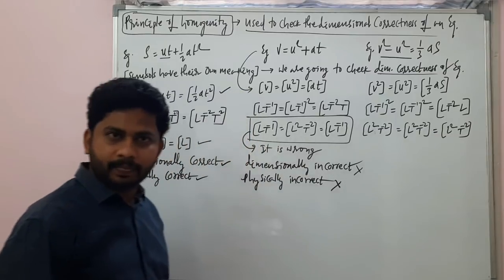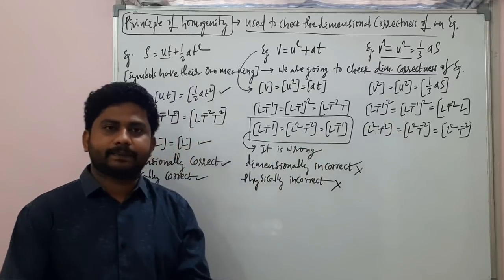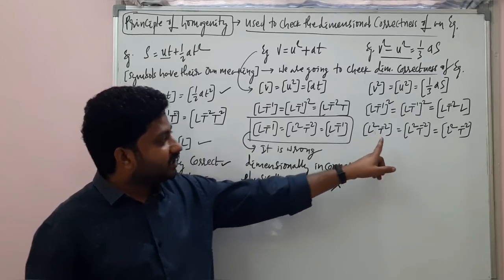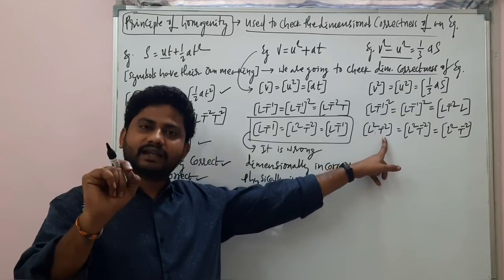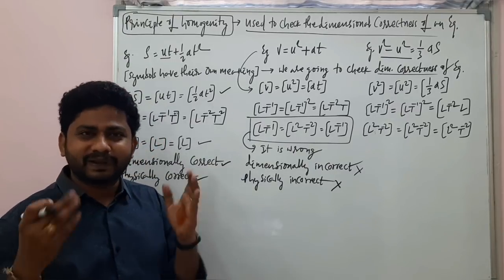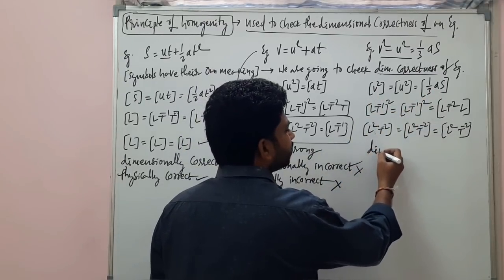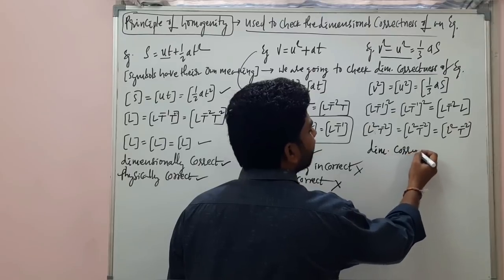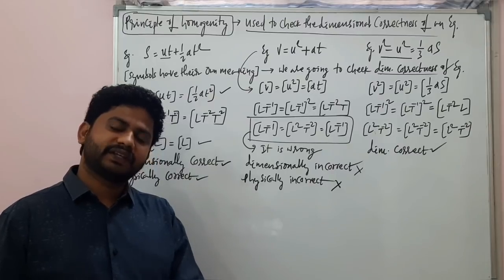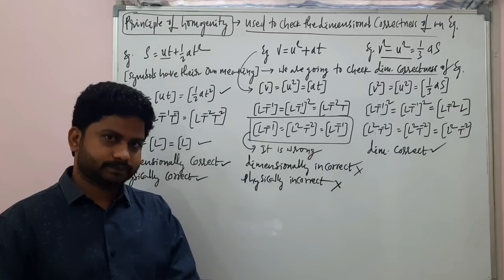My dear students, can I say this equation is dimensionally correct? Everyone must observe and understand. 100% we can say that this equation is dimensionally correct because the principle of homogeneity condition is satisfied. Now, tell me whether this equation is physically correct or not.